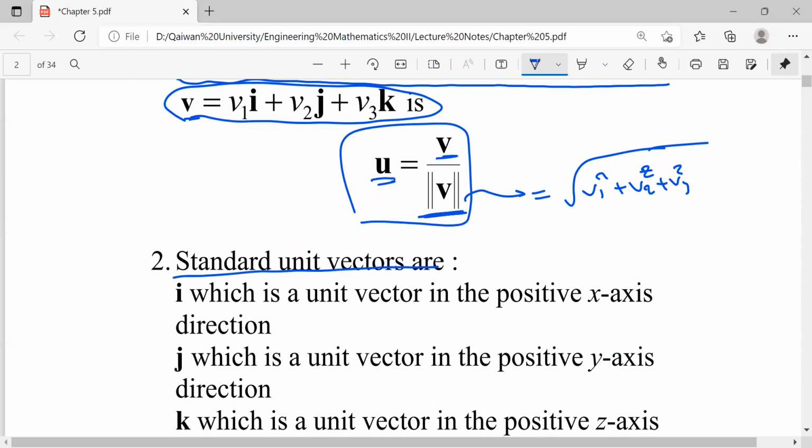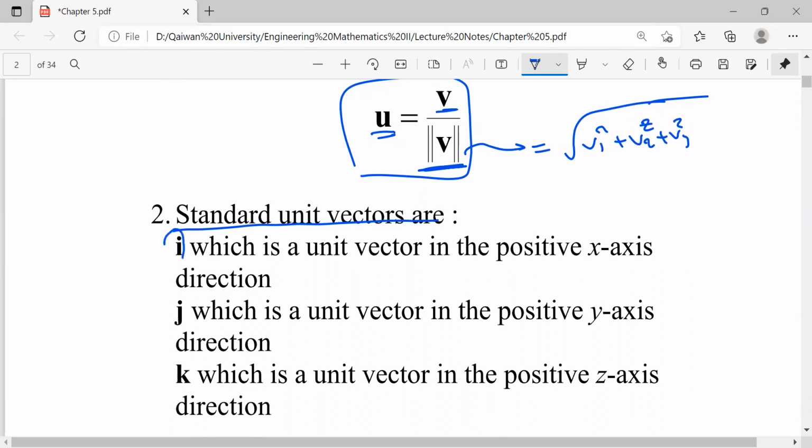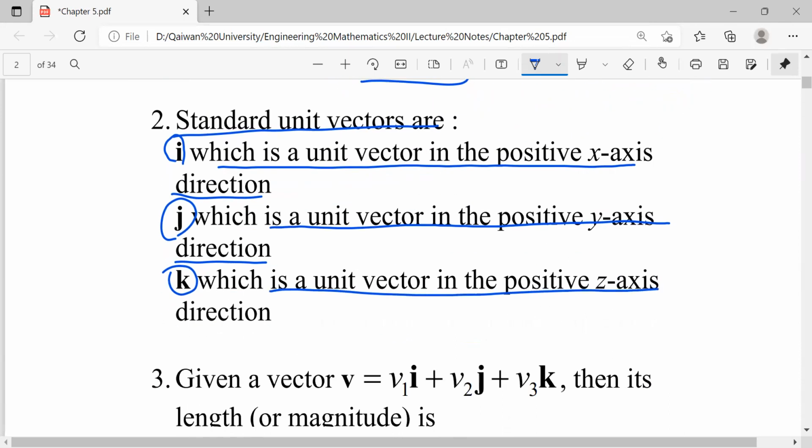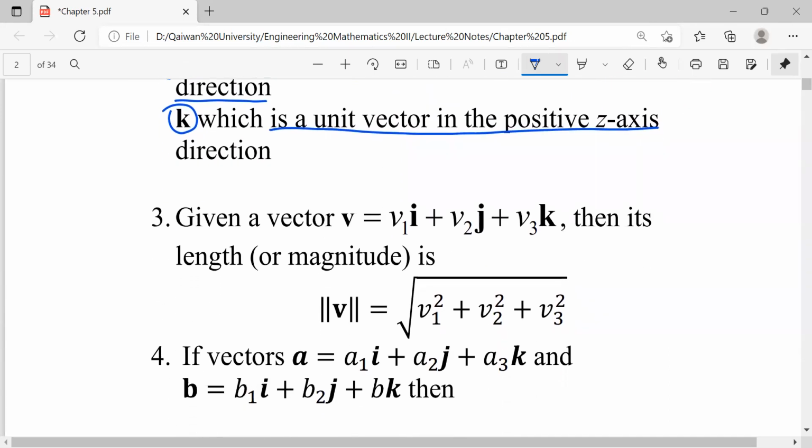Standard unit vectors are i, which is the unit vector in the positive x-axis direction, j is the unit vector in the positive y-axis direction, and k is the unit vector in the positive z-axis direction. Here, if you are given this vector, it's not given that it's a unit vector.